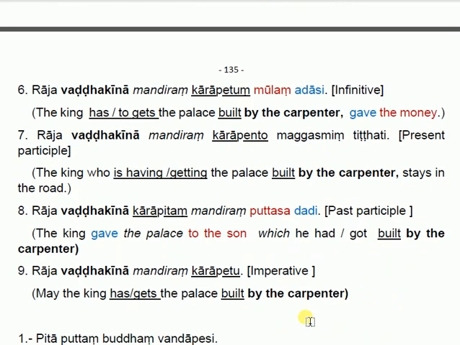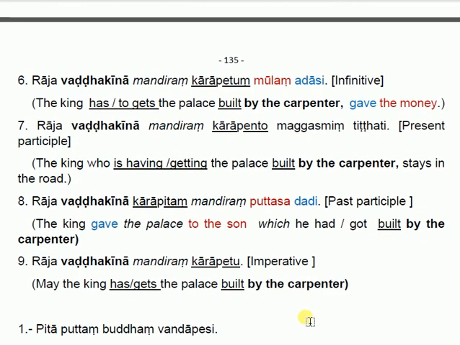Here more examples. Raja Vaddakina, or we can say Vaddaking, mandirang karapetung mulang adasi. And here the causative verb changes into an infinitive, if you can remember. Karapetung.